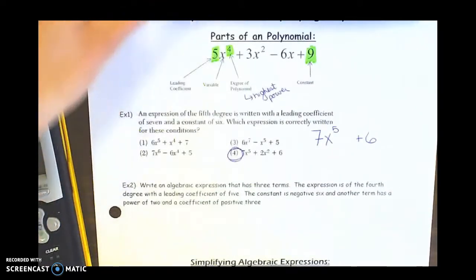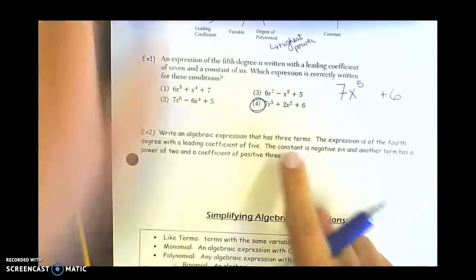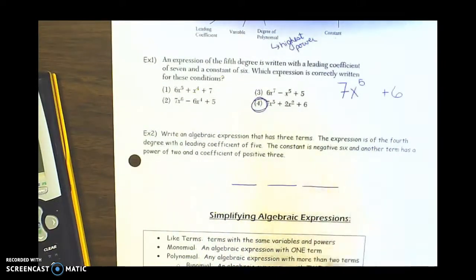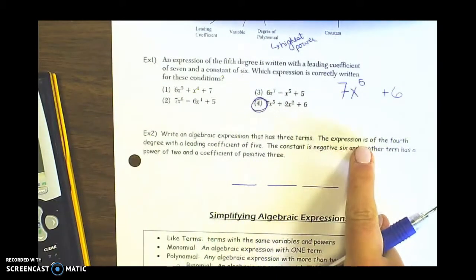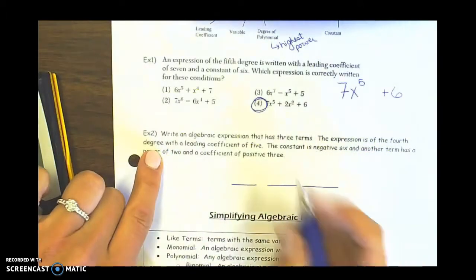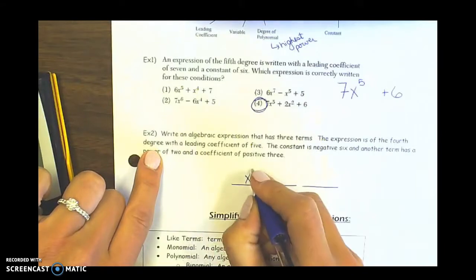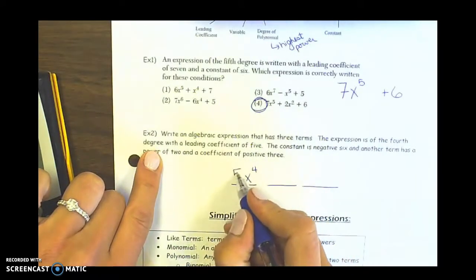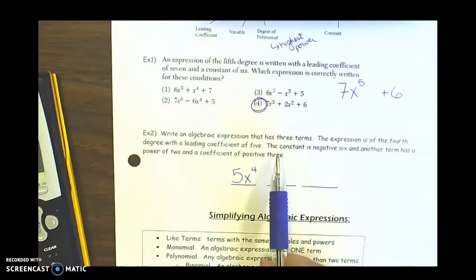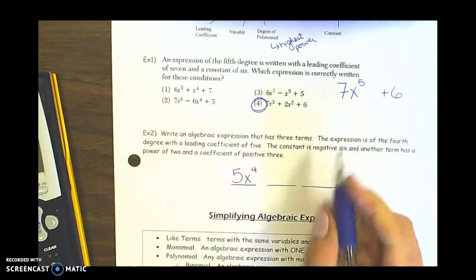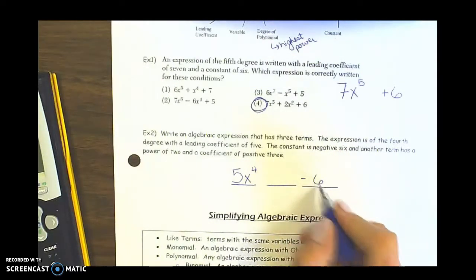Write an algebraic expression that has 3 terms. So 1, 2, 3. The expression is of the 4th degree, so the highest power is going to be 4, with a leading coefficient of 5. The constant is negative 6, minus 6.